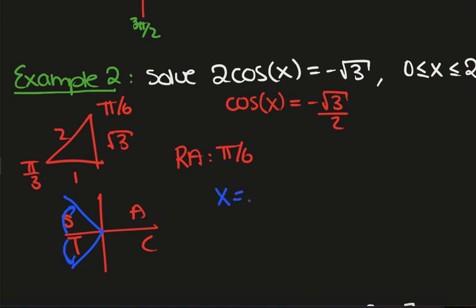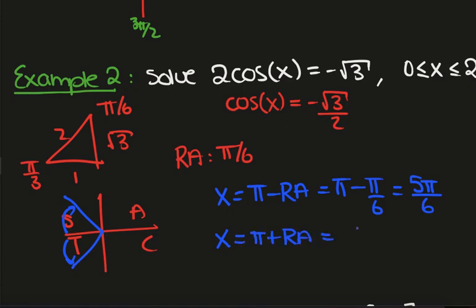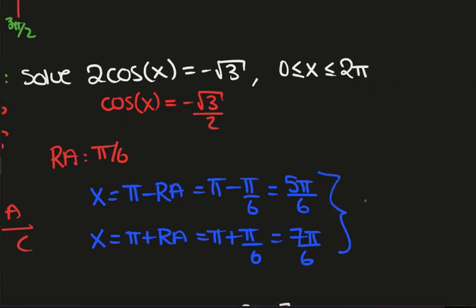So x will be pi minus the reference angle, which is pi minus pi on 6, which we calculated before to be 5 pi on 6, and x equals pi plus the reference angle. So we'll get pi plus pi on 6, which is 7 pi on 6. And these two are our solutions.